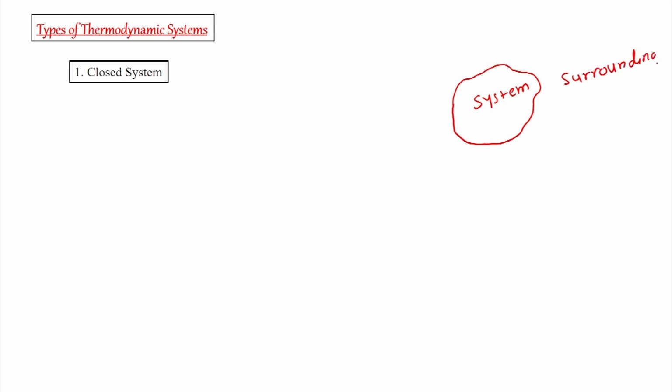In the case of a closed system, we can have certain heat going out of the system and certain heat coming into the system. We might have W out of the system, we might have W into the system, but we will not have mass entering into the system. A system which can have interaction with the surrounding in the form of heat and work only is the definition of a closed system.